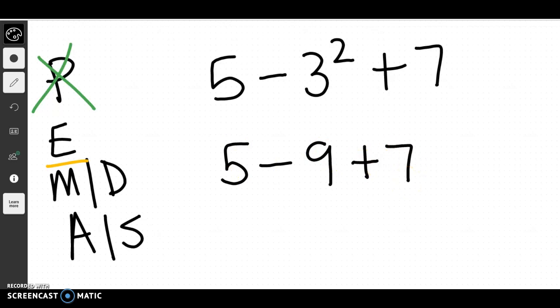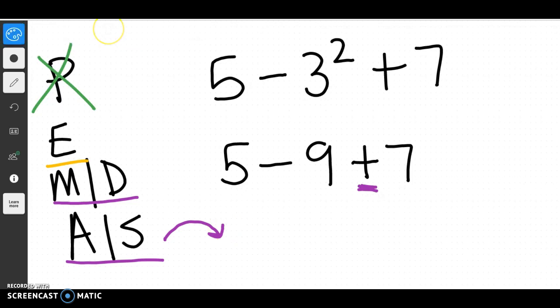Here's where I get some people that get confused. People a lot of times want to do this addition first. Now, for the order of operations, if you've noticed, I wrote these on the same line, like multiplication slash division and addition slash subtraction. They're on the same playing field. So if you get anything on the same line, what you do is go from the leftmost operation to the rightmost operation.